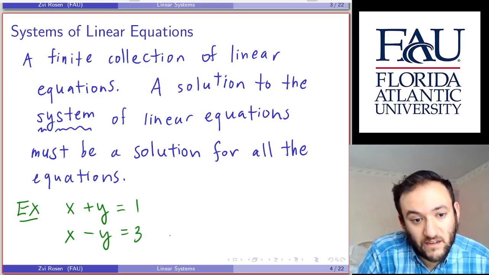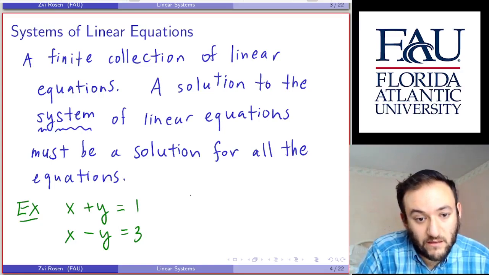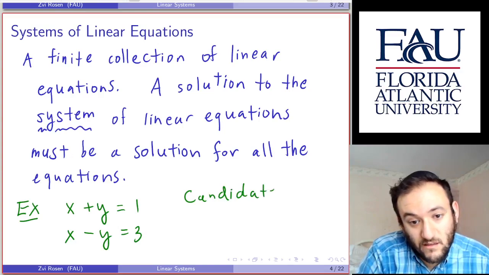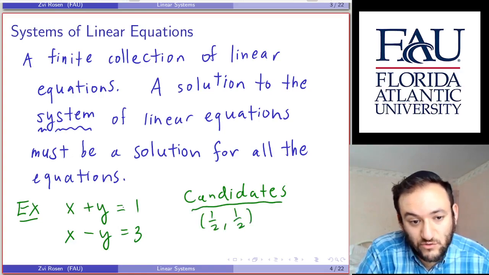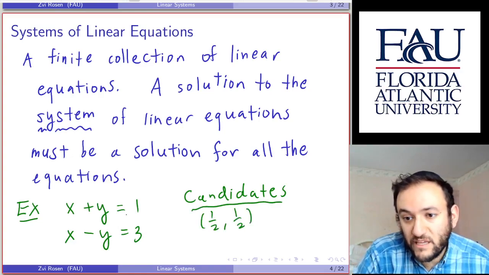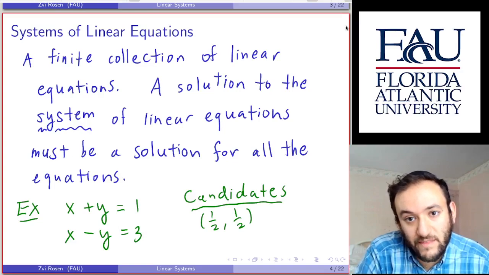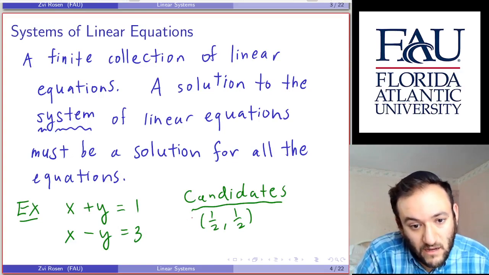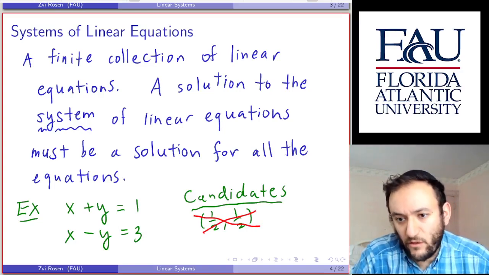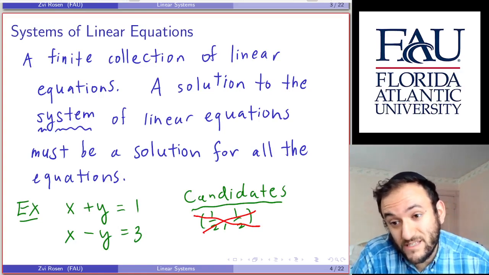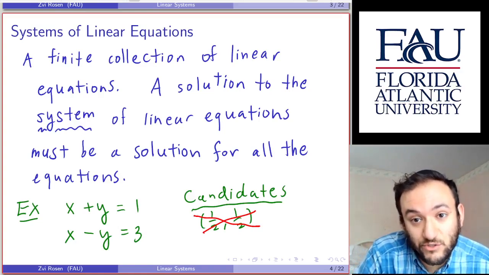Then if we consider the candidate solutions from the last page, one of the solutions was 1/2 and 1/2, because that's the solution to the first equation. But when we plug it into the second equation, we see that it's plainly not a solution, because x minus y is 1/2 minus 1/2 equals 0, and on the right-hand side of the equation, 3. Since 0 is not equal to 3, this is not a solution.